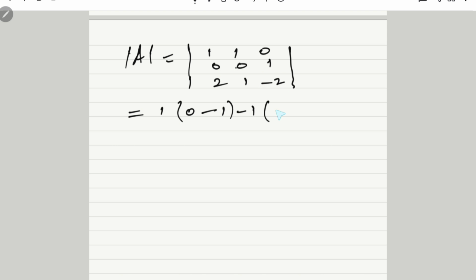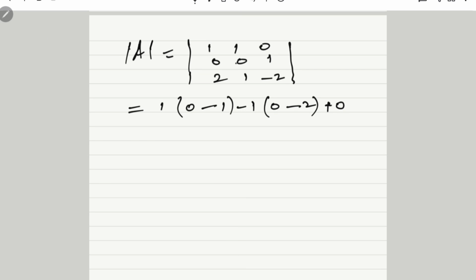Therefore, product is 0, minus 2 and 0. 0 into any number we get 0. And therefore, simplifying it, we get this value as minus 1 and plus 2. Value is plus 1.